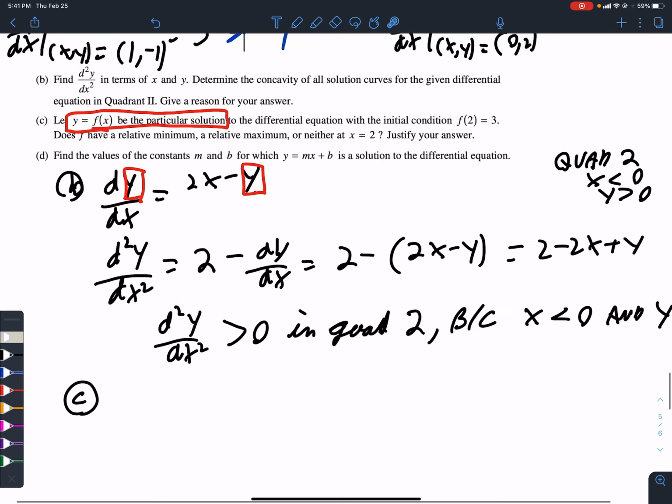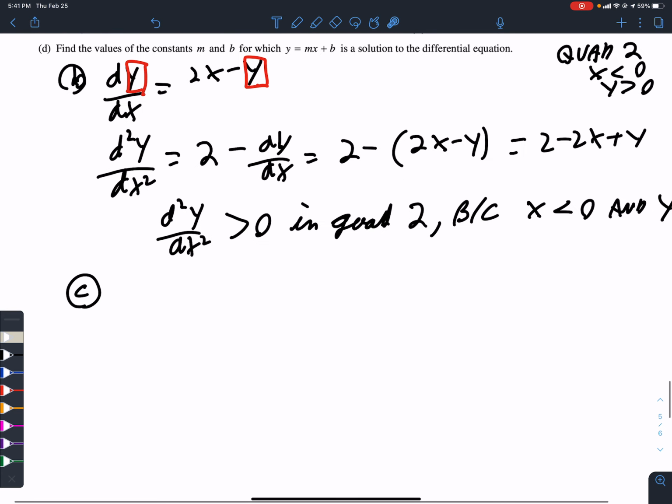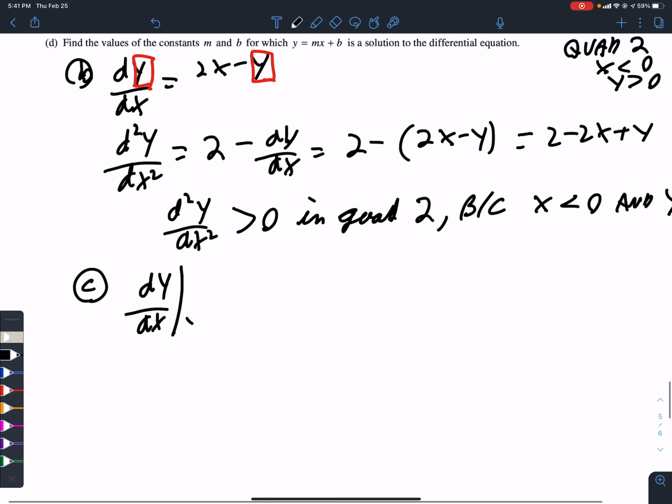So remember the second derivative test. First, you need to find dy dx at the point they want you to test, 2, 3. That must be 0 or your second derivative test isn't going to work.